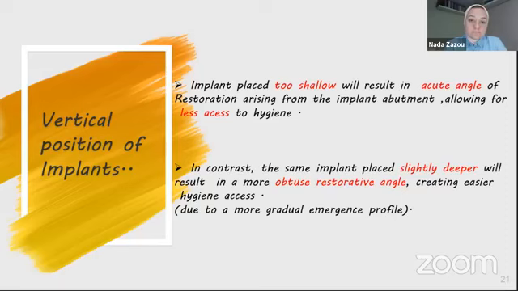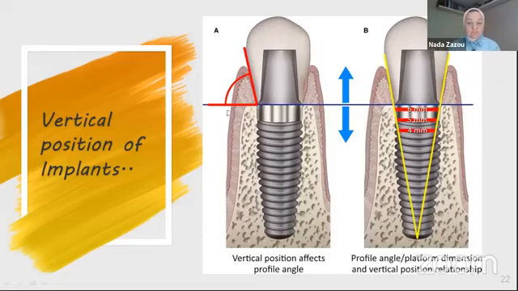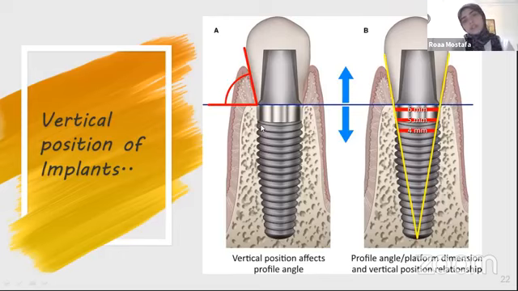Let's see on a photo. This is the angle we are talking about. If I'm placing a shallow implant, the angle will be more acute, and if I place it a little bit deeper, this angle will open slightly, so it will be more obtuse, allowing more access for hygiene.